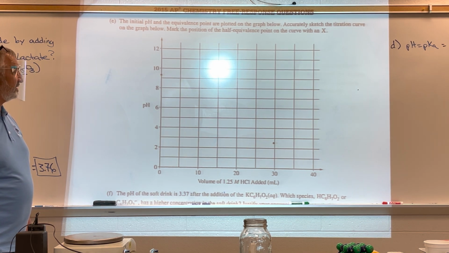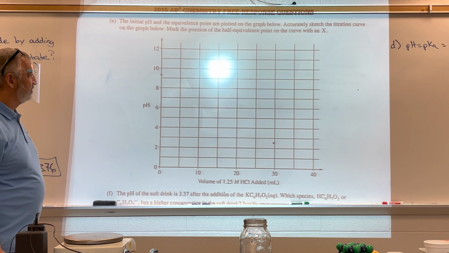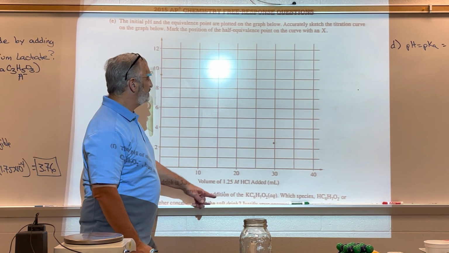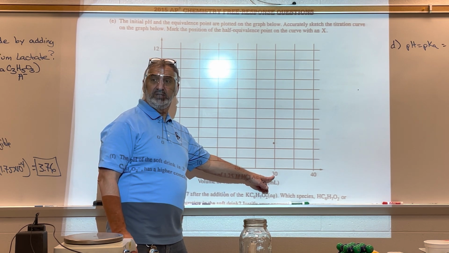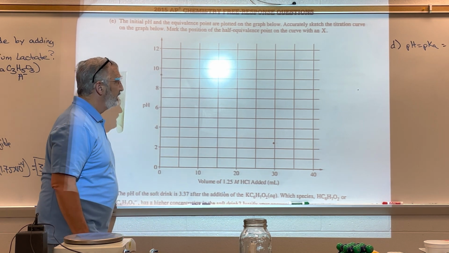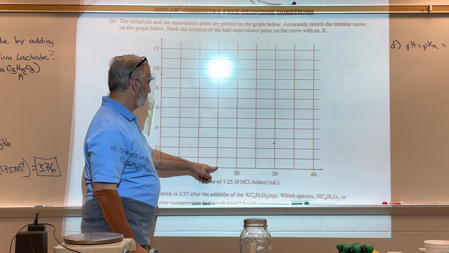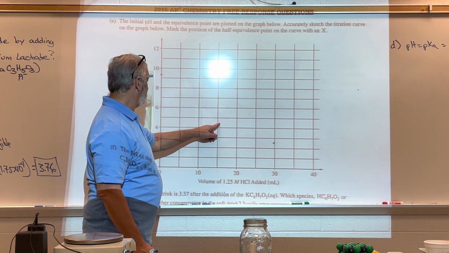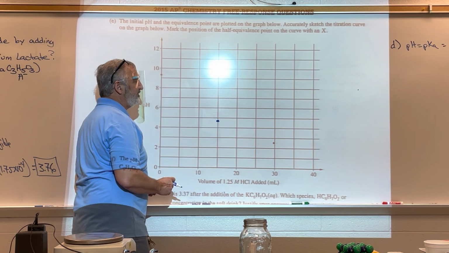Now, what did we, I mean, at the half equivalence point? 4.74, so if it took 29.95, so basically 30 milliliters, where's the half equivalence point? 15. And what did we say the pH was? 4.77, so we're going to be somewhere right here. That is your half equivalence point.